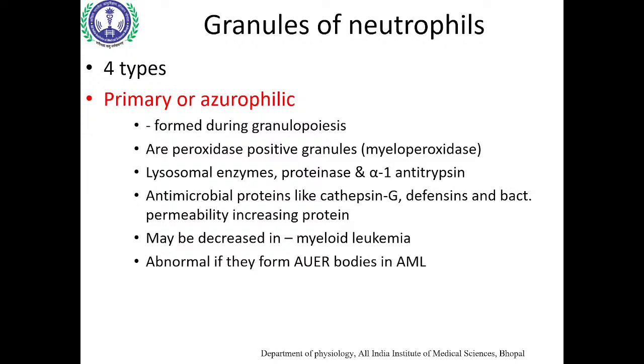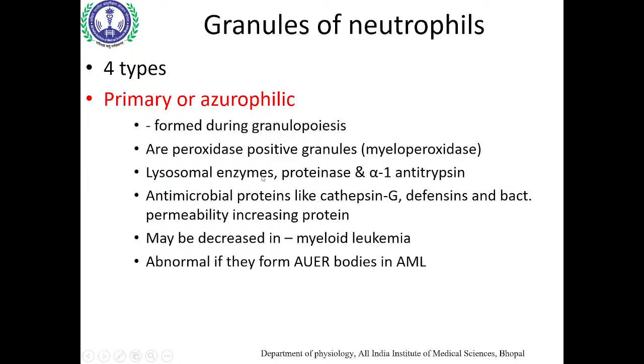The first type is the primary granule, also known as eosinophilic, and it is formed during granulopoiesis, and the important content is the peroxidase, myeloperoxidase.